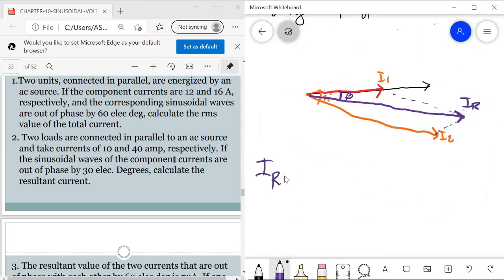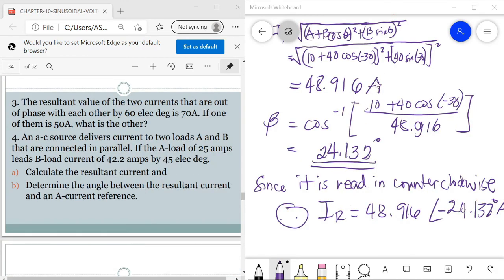So IR is equal to the square root of A plus B, equal to 48.916 amperes.